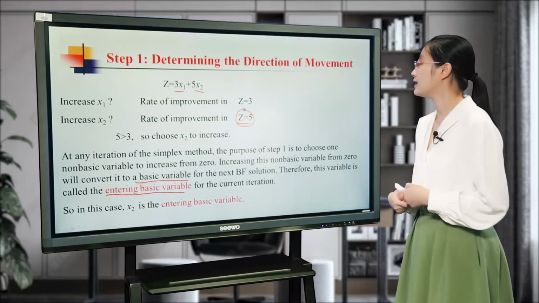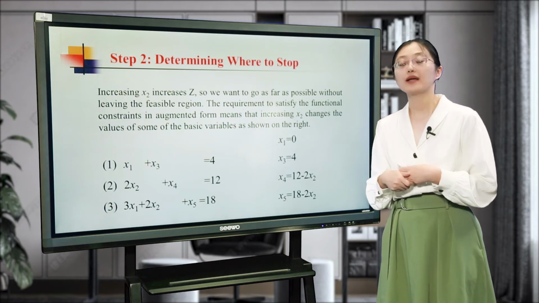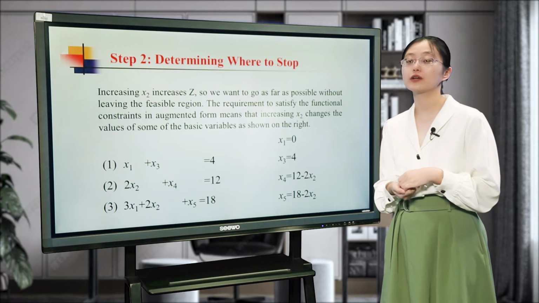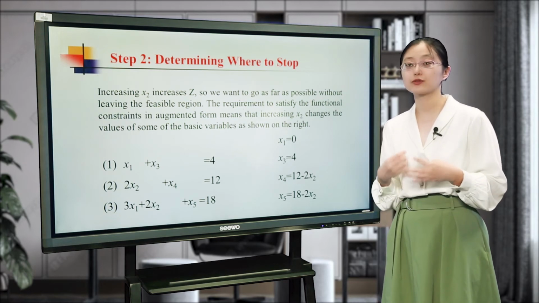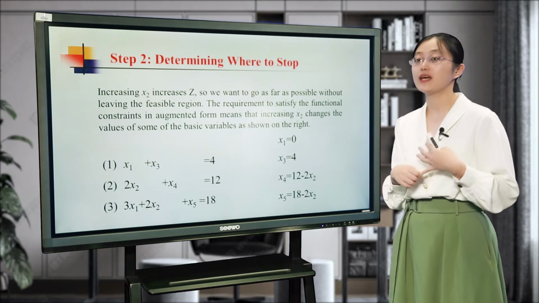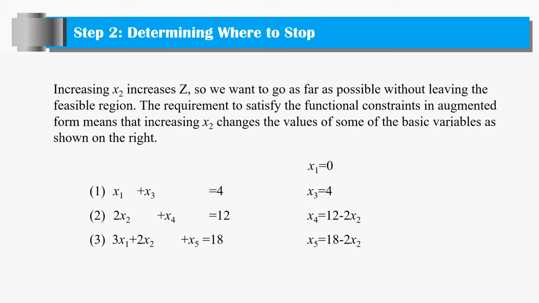Okay, so then the next question is, we decided to increase x2, but how far can we increase it? Of course, increasing x2 will increase z, so we would want to increase x2 as far as possible. However, we cannot increase x2 indefinitely because x2 is bounded by some constraints.